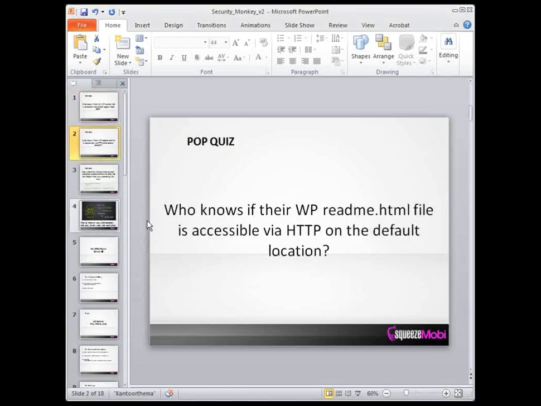All right, how about this? Who knows if their WordPress readme.html file is accessible via HTTP on the default location? Great. Well, leading to my next point.